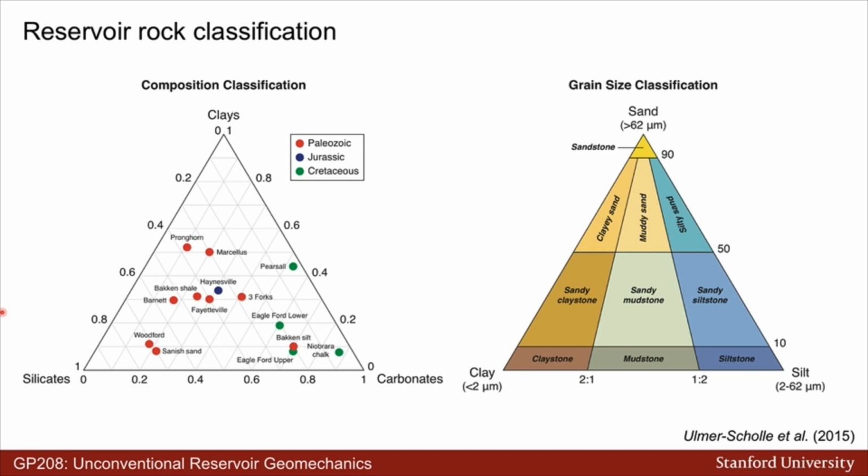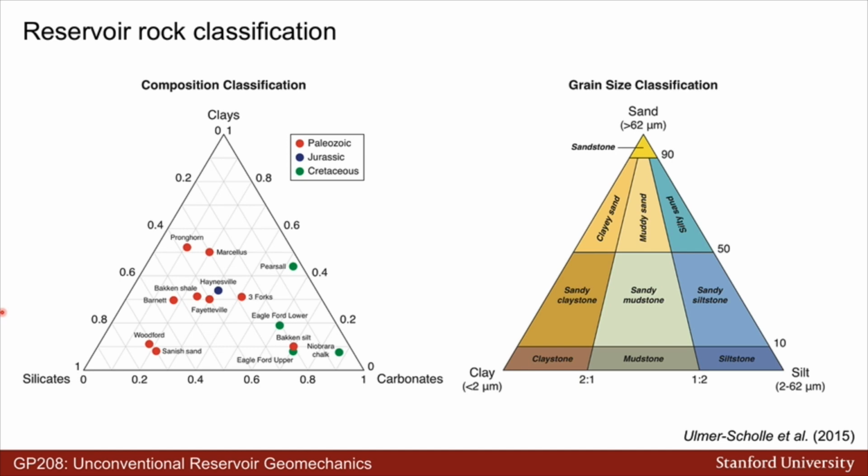So what this tells us is we need to adopt some compositional metrics to try and classify these rocks so we can learn about their mechanical properties. On the right is a classification based on grain size. On the top we have sands, so sand-size grains that are greater than 62 microns. On the left, clay grains that are less than 2 microns.